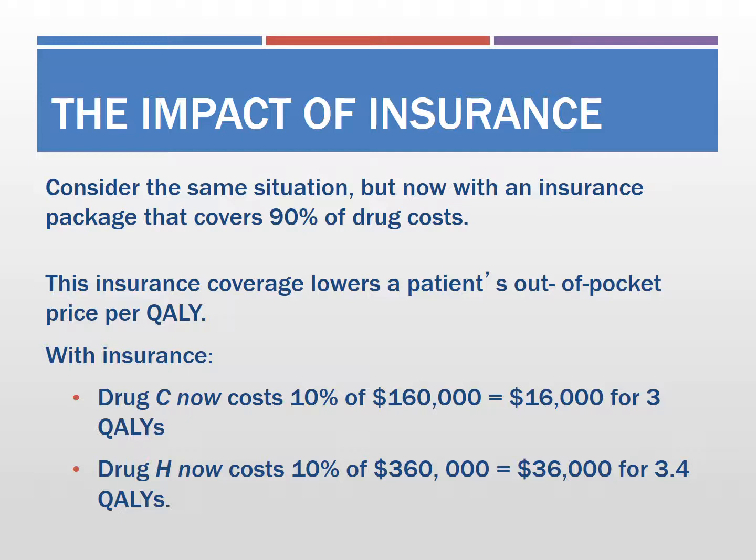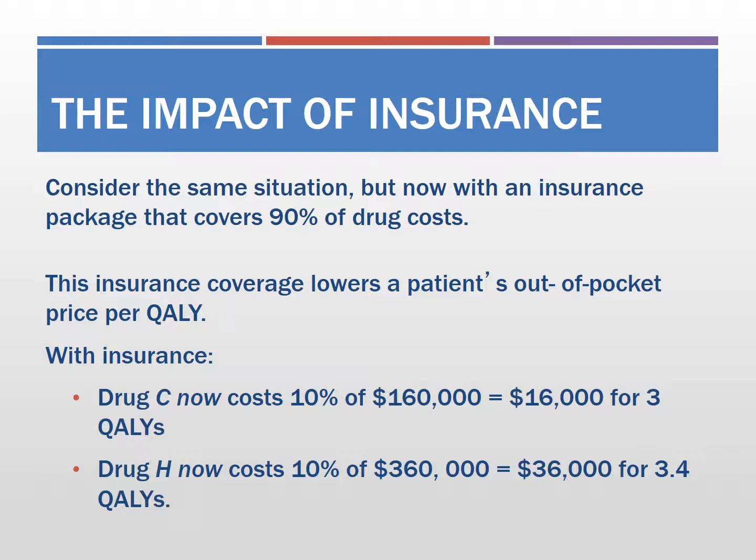Regardless of what it is, the insurance company will always cover 90% of the cost. So the insurance coverage lowers the patient's out-of-pocket price per quality year. When the insurance pays 90% of the price for any treatment, the patients will only have to pay 10% of the total cost.